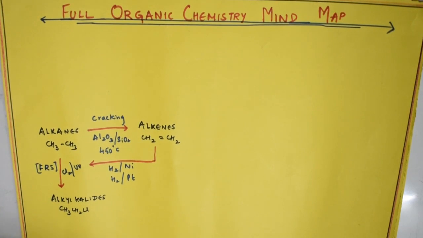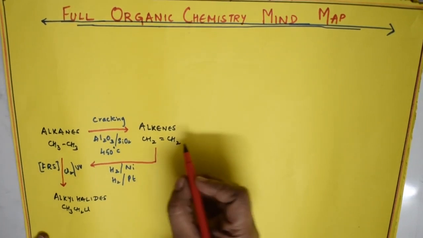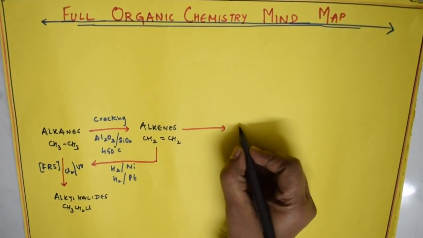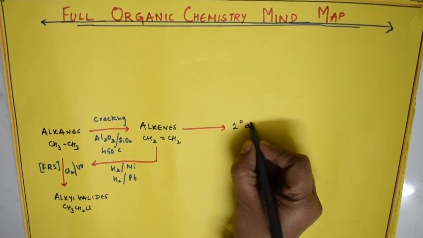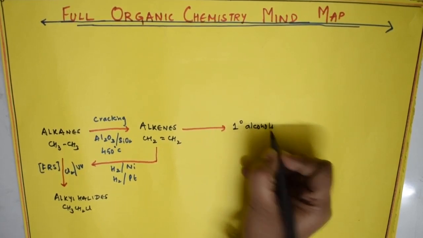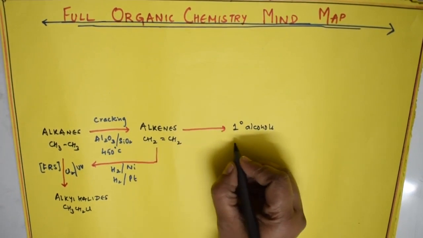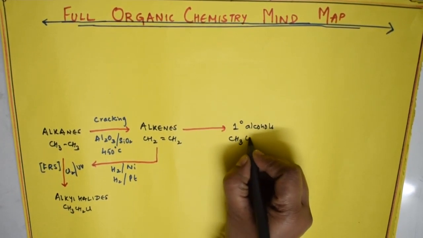Okay, done. Now gradually let us proceed further. If I have to convert alkenes to primary alcohols, how can I convert? Two carbons, so here also 2 carbons.